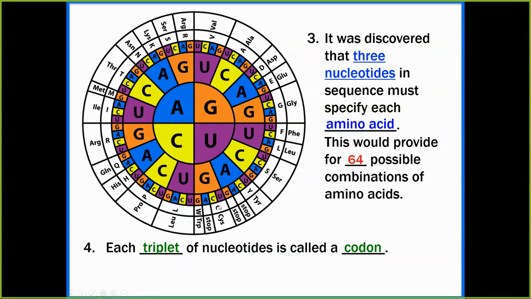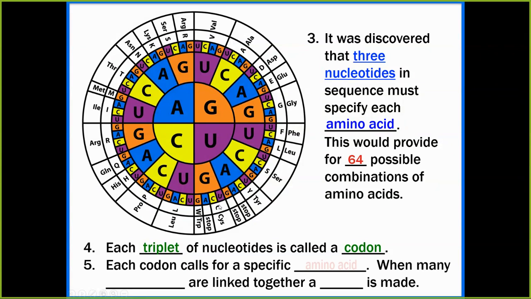So, what are we talking about here? Each codon will call up a specific amino acid. Again, amino acids are the building blocks of proteins, which means that once I get enough amino acids together, I have a protein. So, how does this work? When you are reading a codon chart, ladies and gentlemen, you are always going to start in the middle.